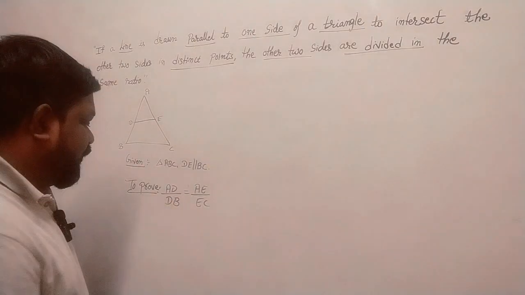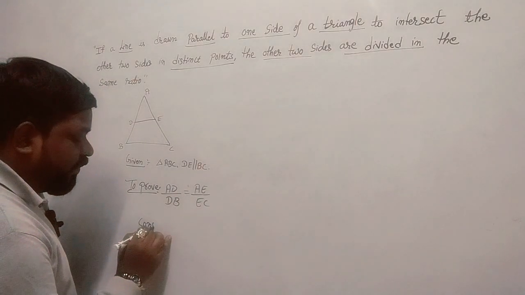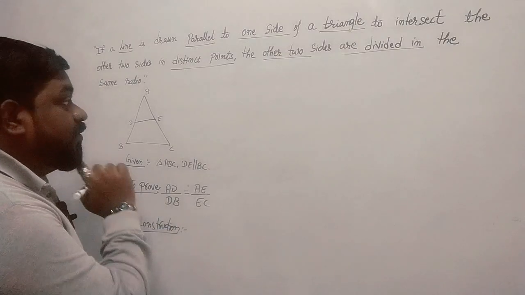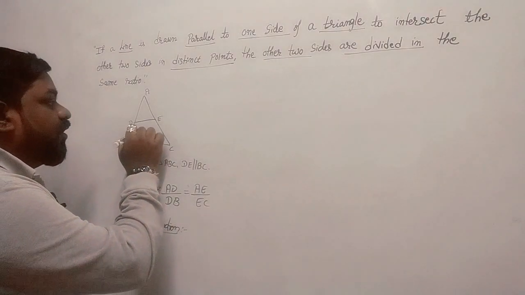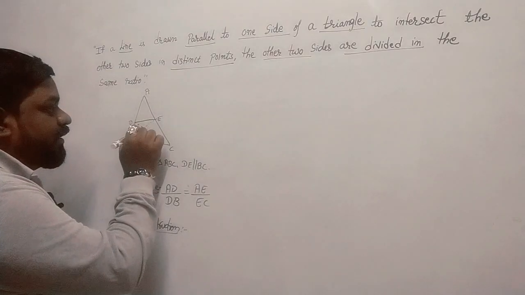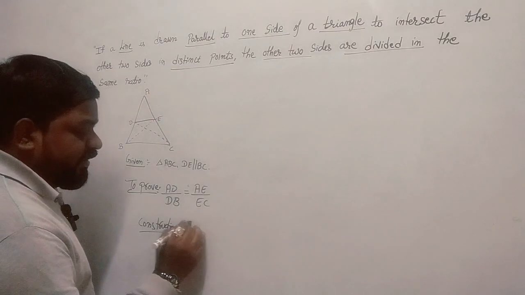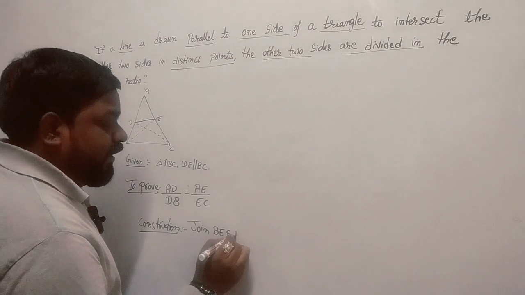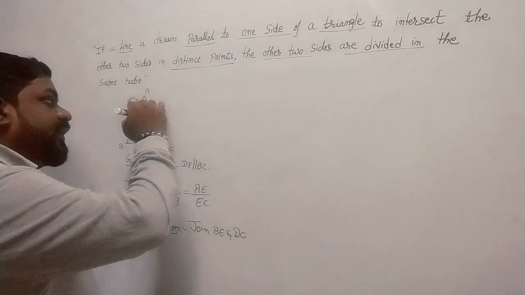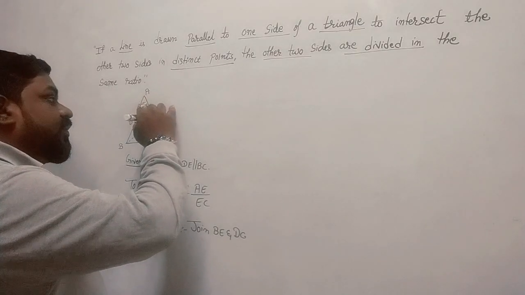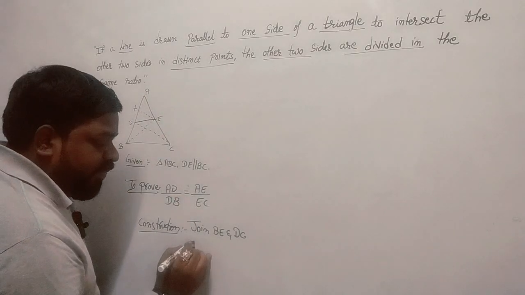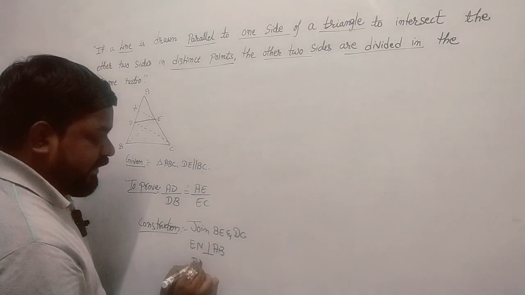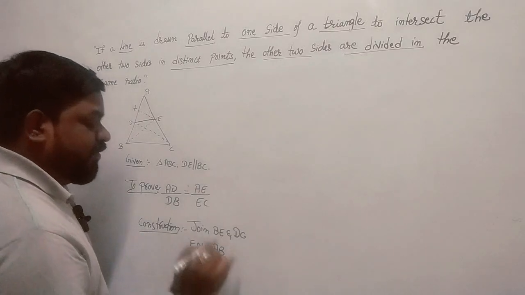To prove this, we have to make some construction. Look carefully. Now draw a dotted line from B to E and D to C. So the construction is: join BE and DC, and draw EN perpendicular to AB and DM perpendicular to AC.